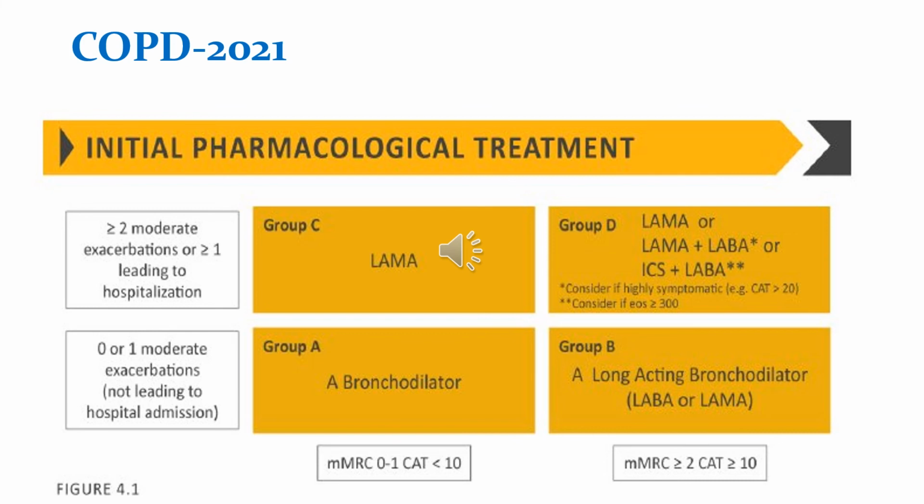This is the table of the GOLD strategy for COPD. There are Group A, Group B, Group C, and Group D.